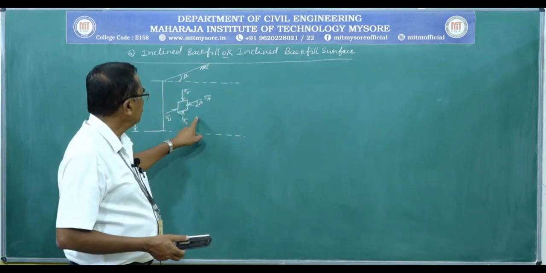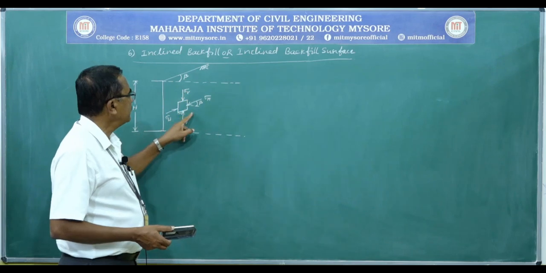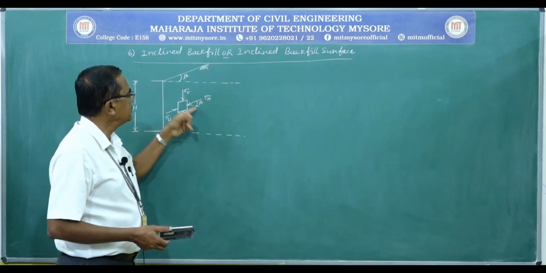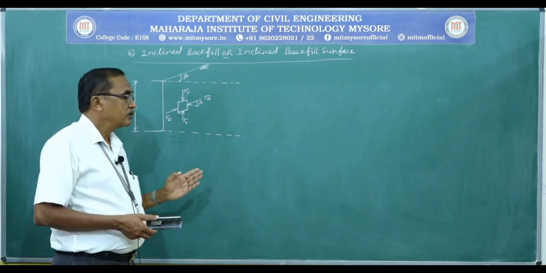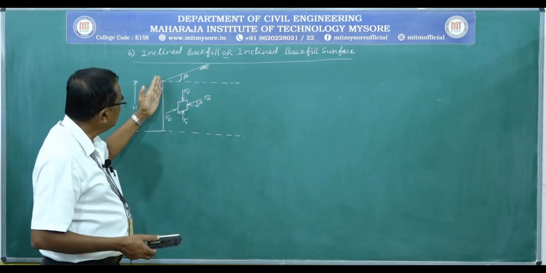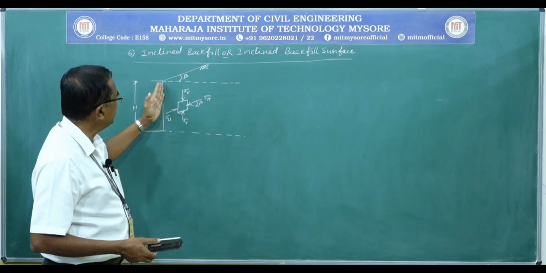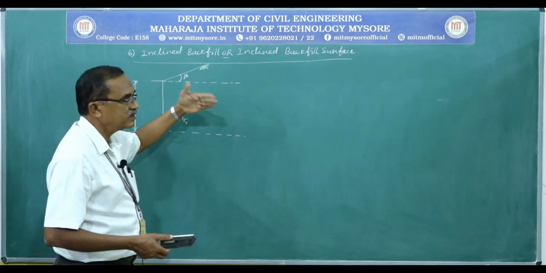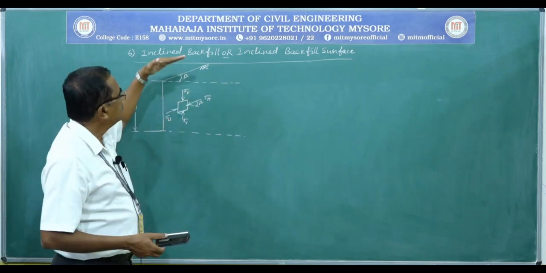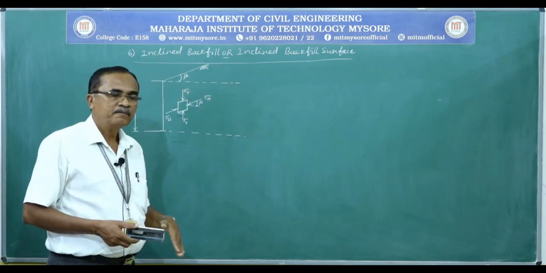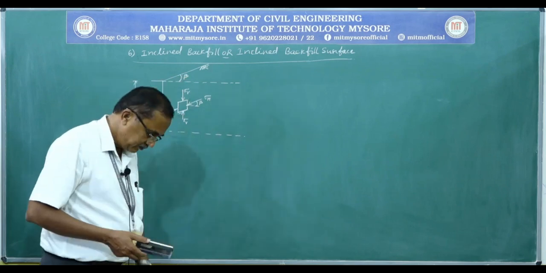As we already assumed, the stresses or pressures are parallel to the surface. So vertical pressure is parallel to the vertical face of the wall, the back side of the face, and the horizontal pressure is nothing but lateral pressure. Lateral pressure is parallel to the top surface of the soil backfill.